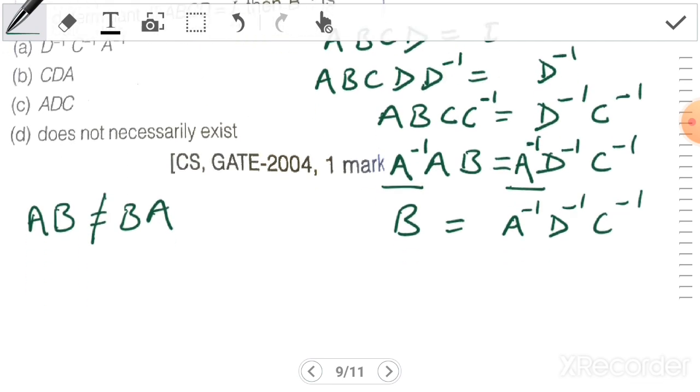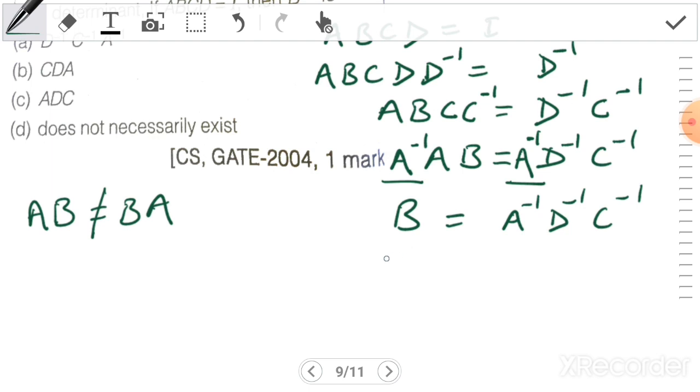Again taking inverse on both sides, B inverse is equal to A inverse, D inverse, C inverse, whole inverse.